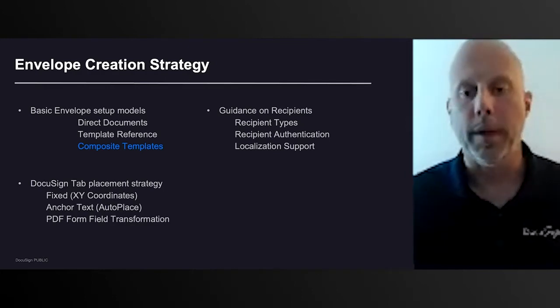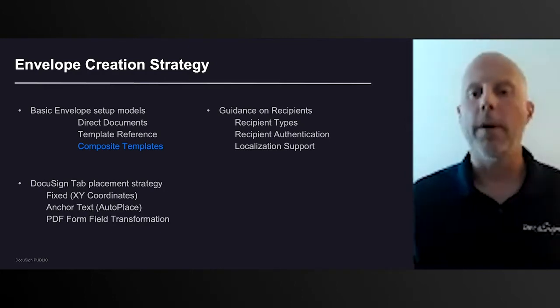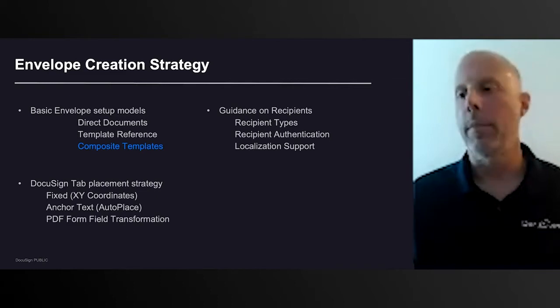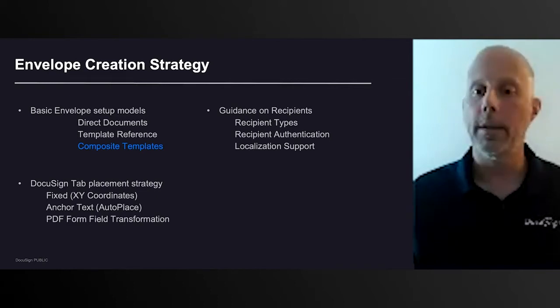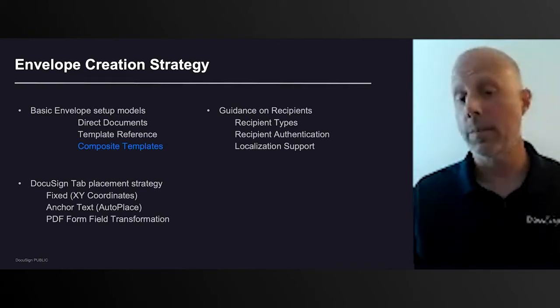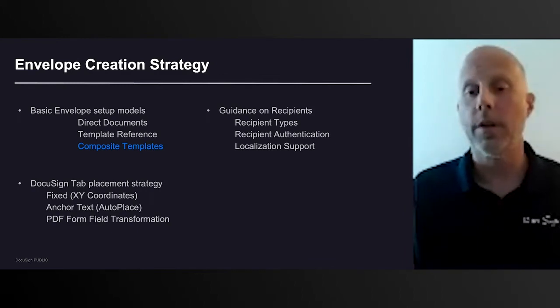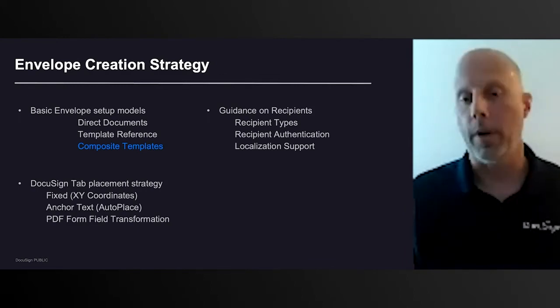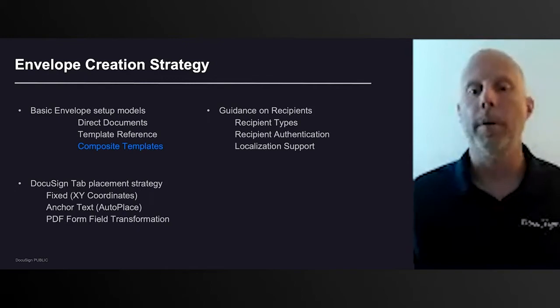Now, guidance on recipients. We have various recipient types, meaning in the envelope, recipients could be a signer, they can be an editor, meaning you're allowing them to edit the envelope before it goes to the next person or out for signature. You have carbon copy, blind carbon copy, signer redirect, and so forth.